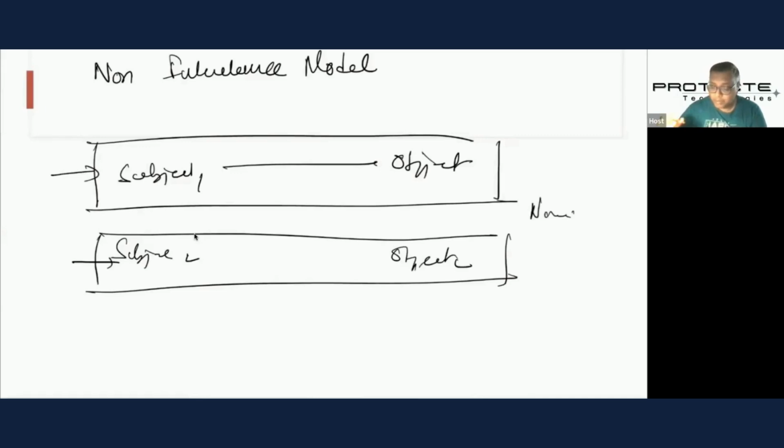What happens is the non-interference model leads to what? If subject 2 reads this data and passes this information somewhere, you will not come to know. So basically, the non-interference model leads to the creation of something called a covert channel.